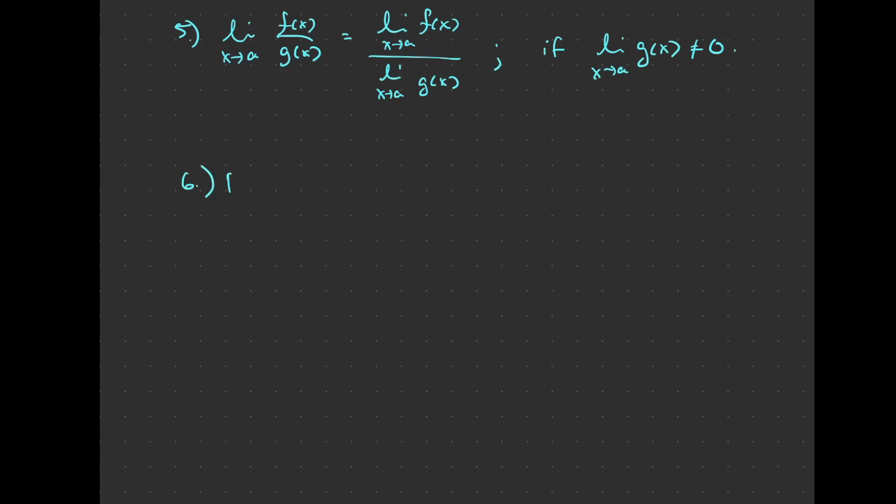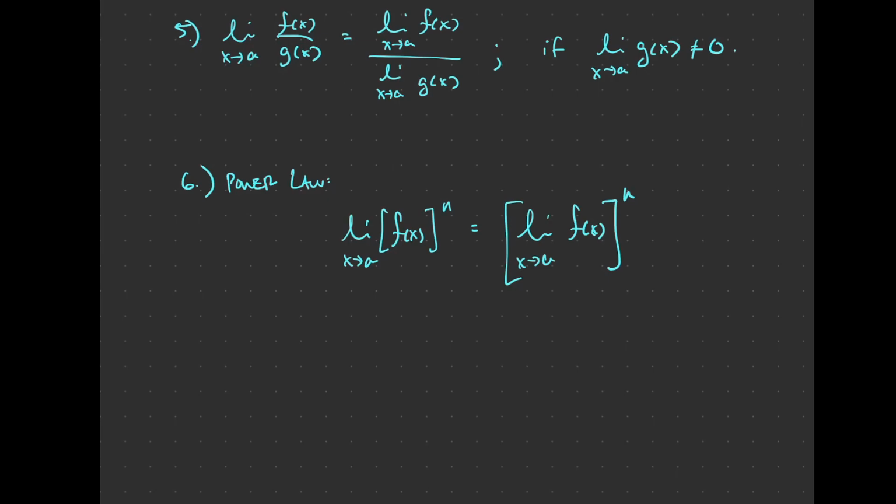We also have the power law, which says that if you've got the limit as x approaches a of f of x to some nth power, this is the same as raising the whole limit to that power.